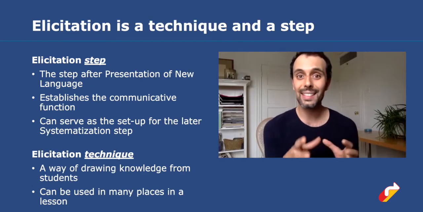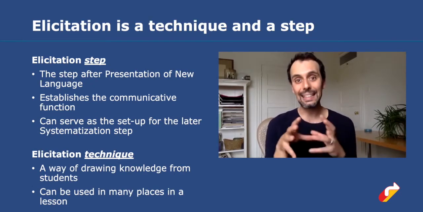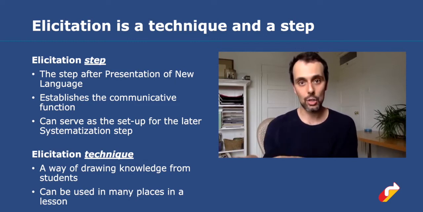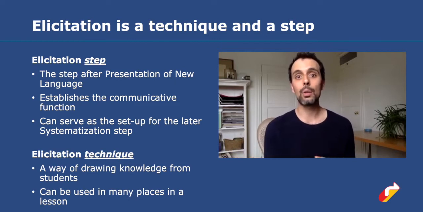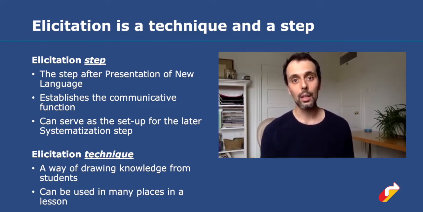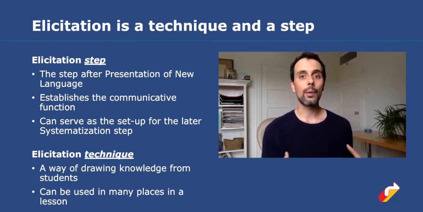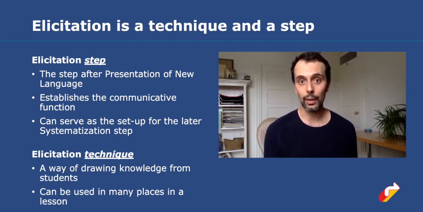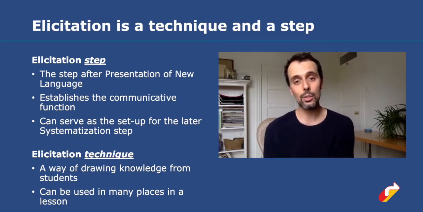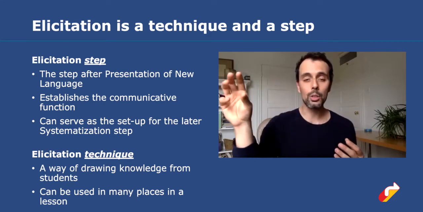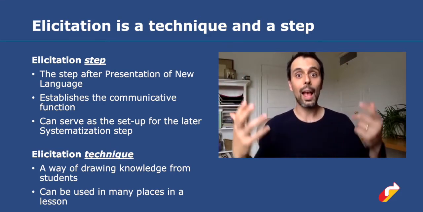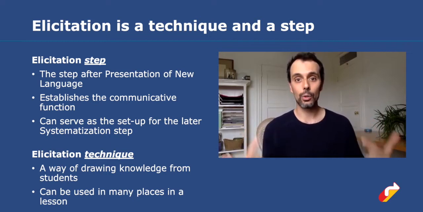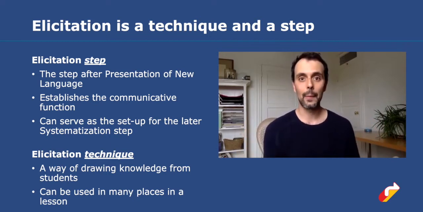The elicitation step uses the technique of elicitation to establish the communicative function of the grammar point. That's really the only requirement of this step. And we can use the elicitation step as a starting point for the systematization step, where we would write down the communicative function on the board, for example, and then add to that later during the systematization step.